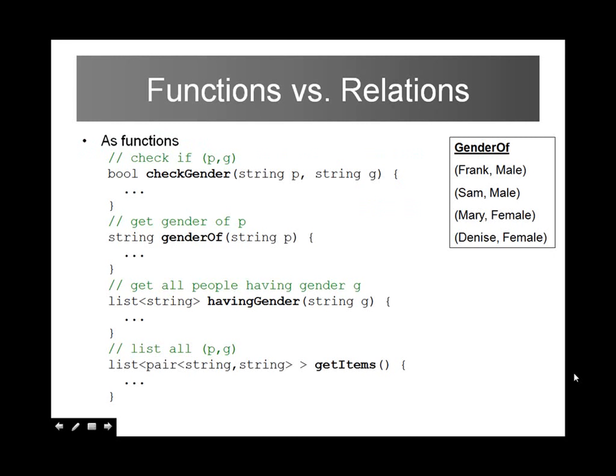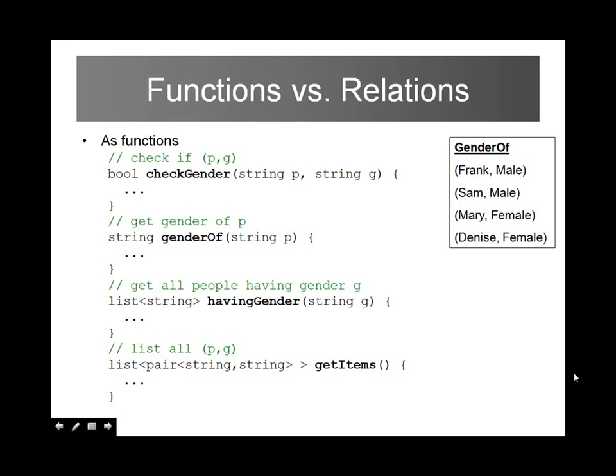Let's contrast functions and relations a little bit further to get a better understanding of relations. What I have here on the slide on the right side is the same relation gender of from the previous slide. And what I have on the left is 4 primitive functions that you can write around that set. So my first function, given a person P and a gender G, will return me true or false.